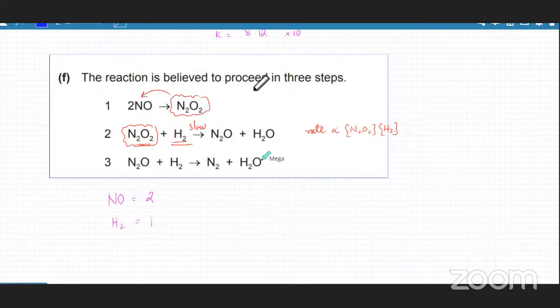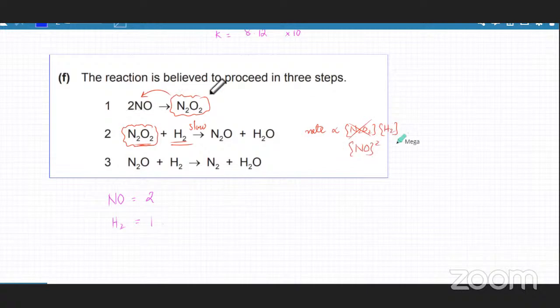So if we say that the rate depends on N2O2, what we basically mean is that the rate indirectly depends on the concentration of NO. Because if NO's concentration is high, then the N2O2 concentration is going to be high as well. So you're going to get rid of N2O2 in the rate equation and replace it with NO. And because it's 2 of them, it becomes squared, okay?